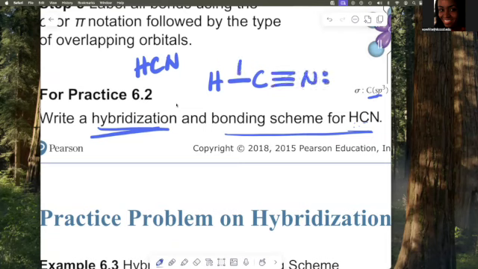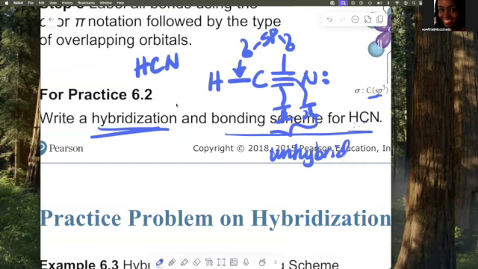So the first bonds formed are going to be sigma. All first bonds will be sigma. The second and the third bonds will both be pi. And for the sigma bond, carbon uses sp hybridization. For the pi bonds, it uses the unhybridized p orbitals.